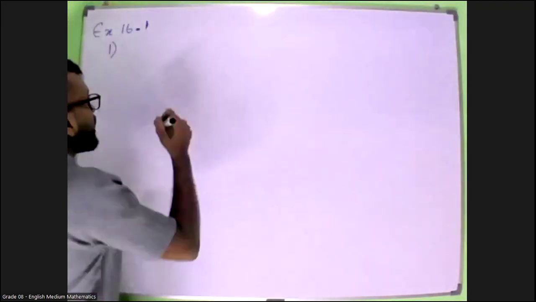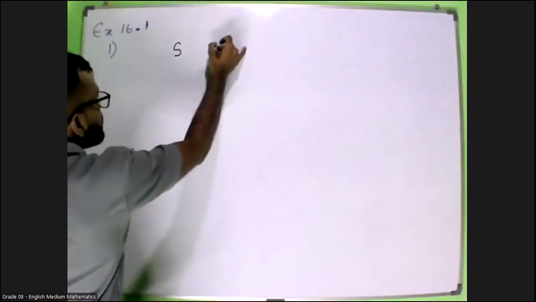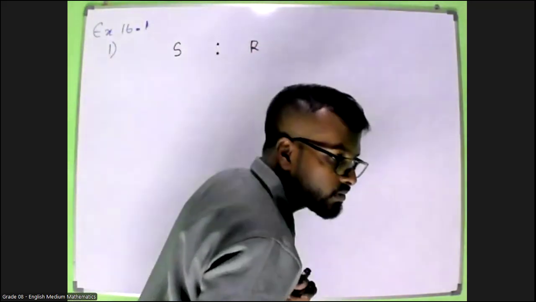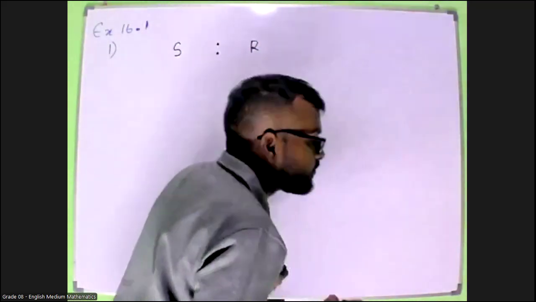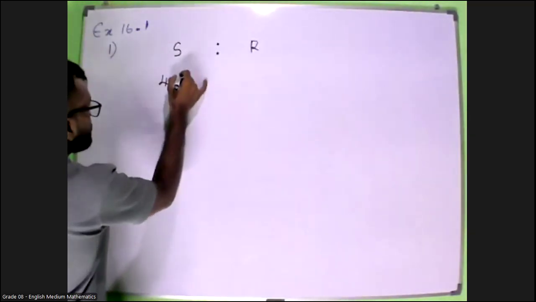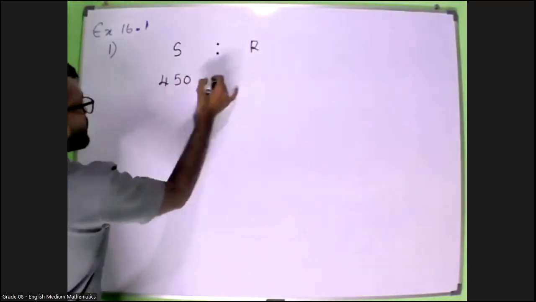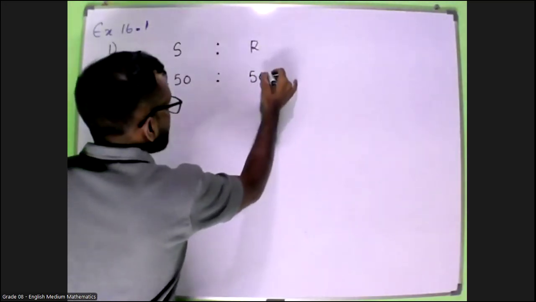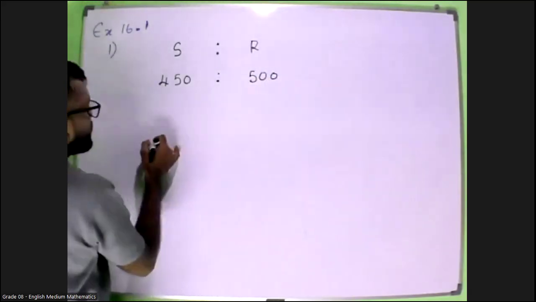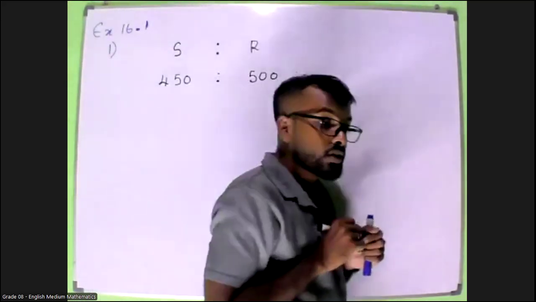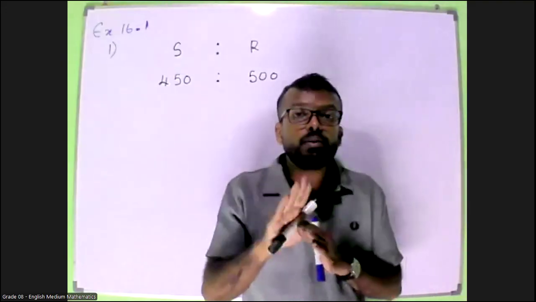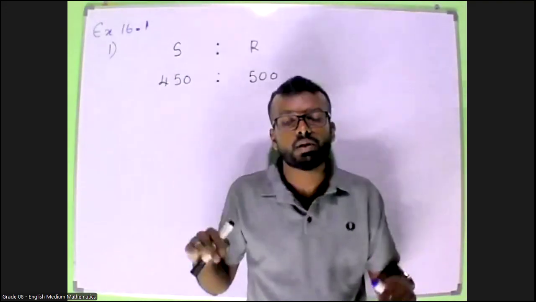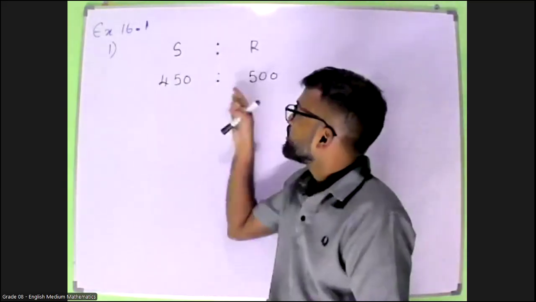I will take S and R. Sudesh received 450, Rahim received 500 rupees. In the first question, they ask us to write in the simplest form the ratio in which the money was divided between them.